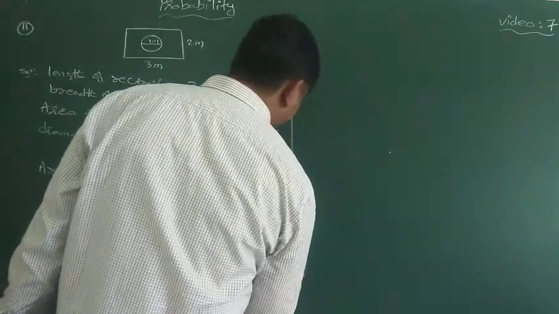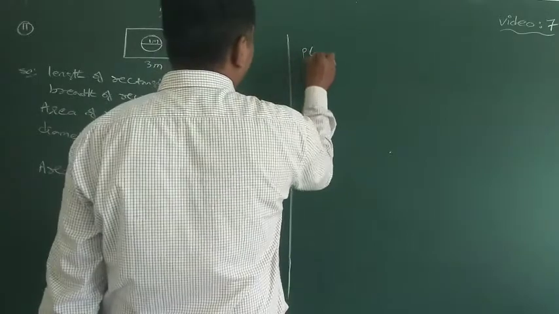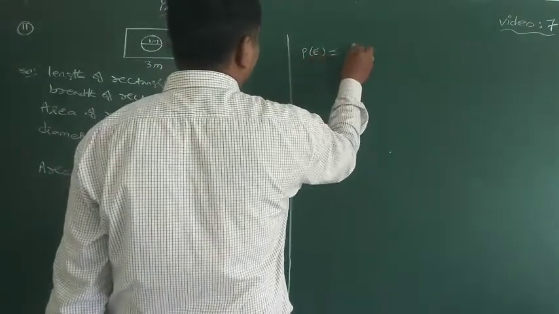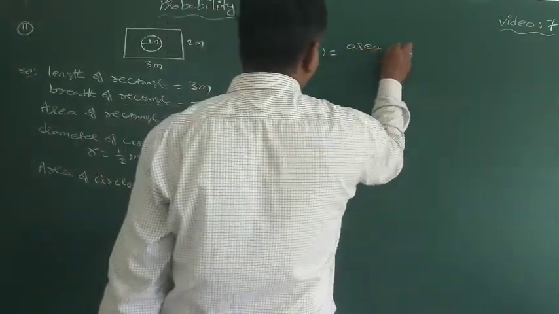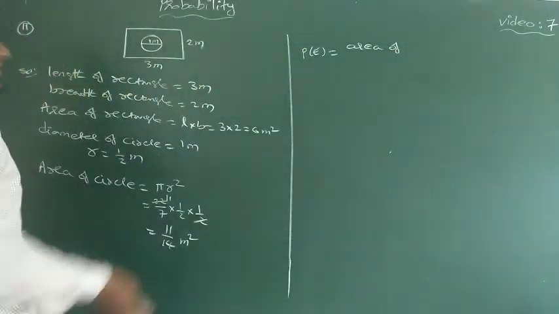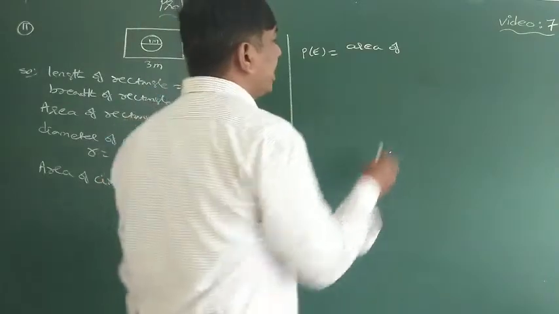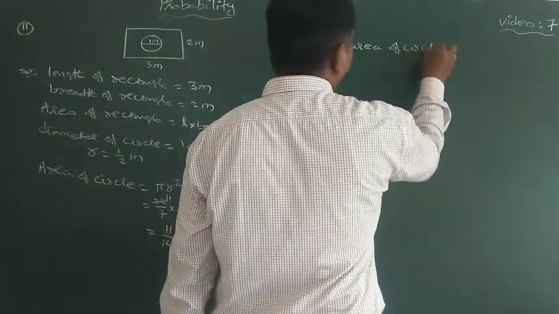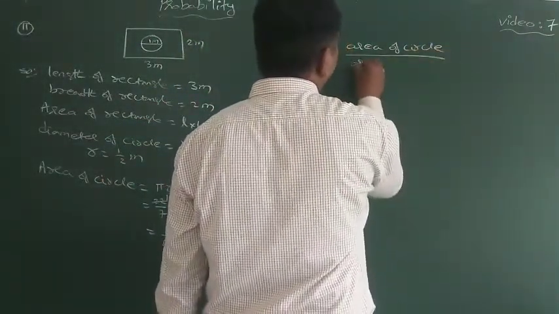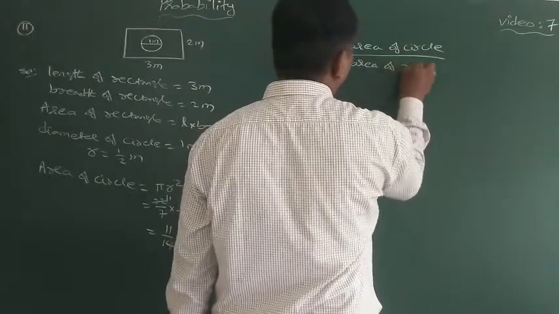What is the probability of an event? Probability of an event is equal to area of circle, because whatever you throw, the die falls on the circle only, by area of rectangle.